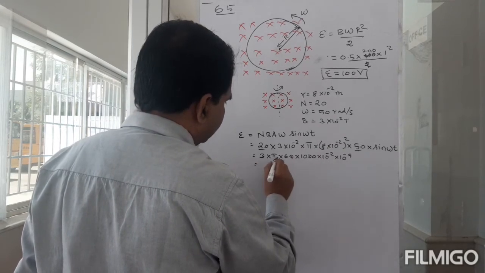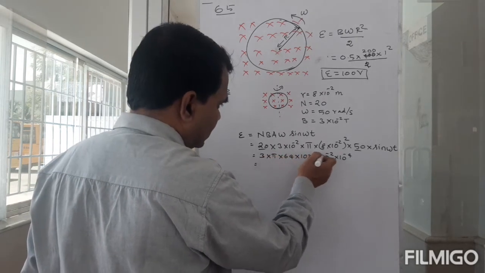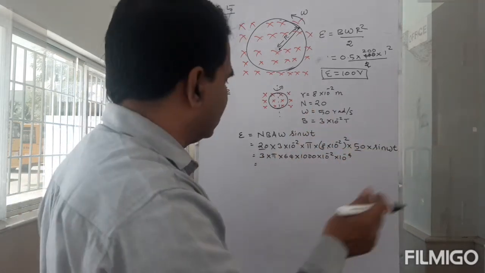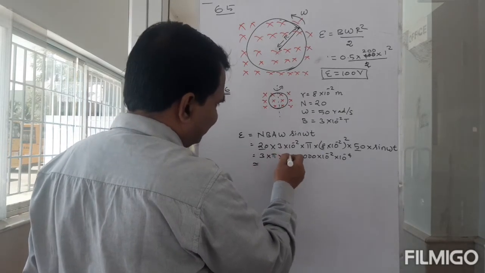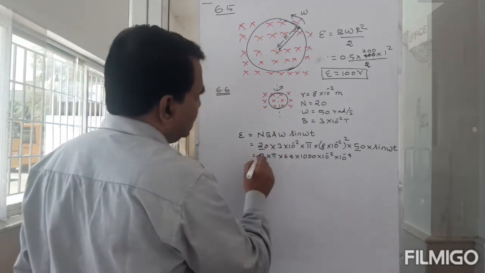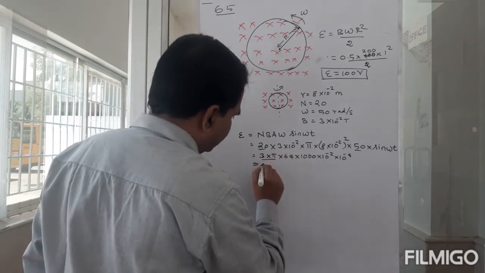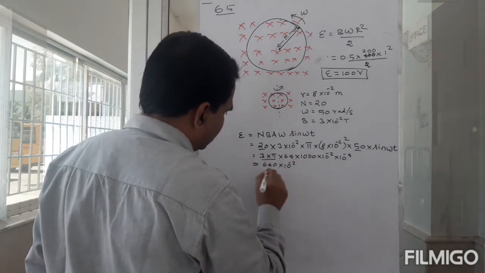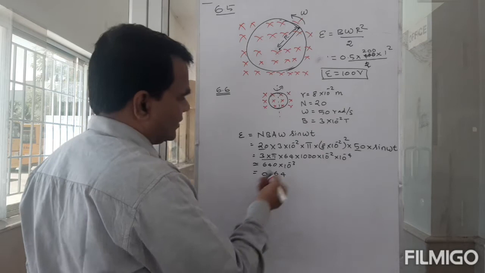So this is going to be 3 into pi into 64, into 10 power minus 3. We said that pi squared is roughly 10, so 3 into pi is approximately 10. I'm giving an approximate value because I'm not going to do the exact calculation. So roughly 640 into 10 power minus 3, and that will give you 0.64 volts.